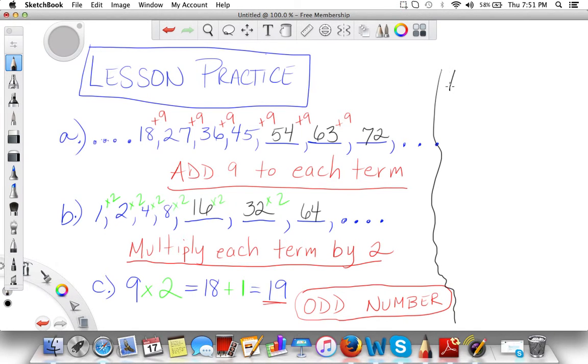So this is D, okay? And part 1 of D is going to be, we want to find, let's start with degrees Fahrenheit first. And they use this symbol. The little circle represents degrees and the F represents Fahrenheit. And then for part 2, we're going to find the degrees Celsius.